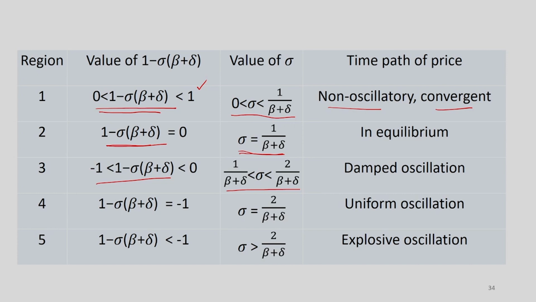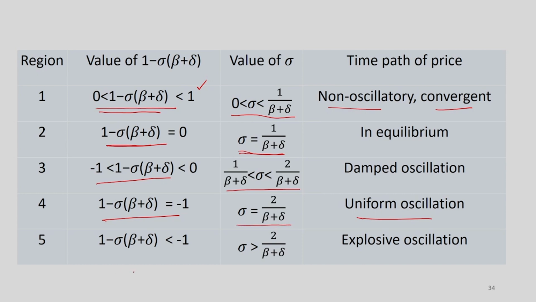Fourth case is 1 minus sigma beta plus delta is just equal to -1. We know this will be a case of uniform oscillation, right, because B is equal to -1, and this condition can be written as this, sigma is equal to 2 divided by beta plus delta.